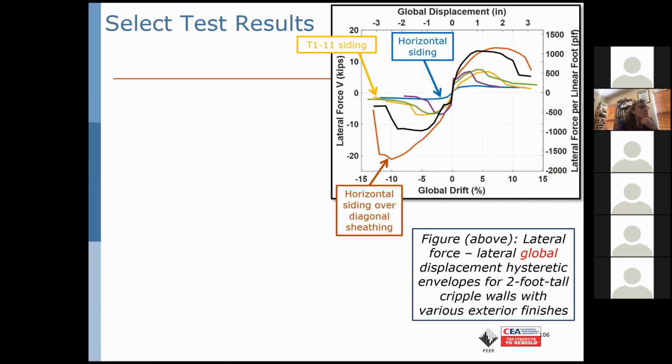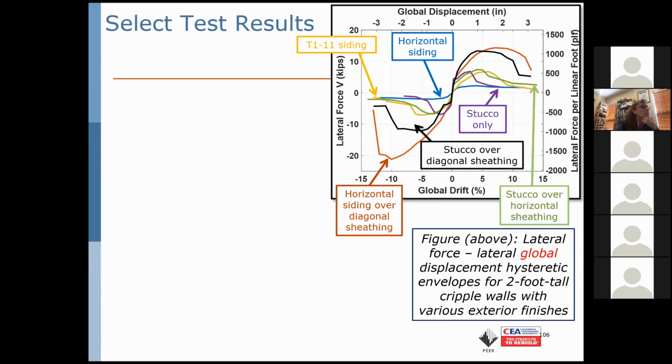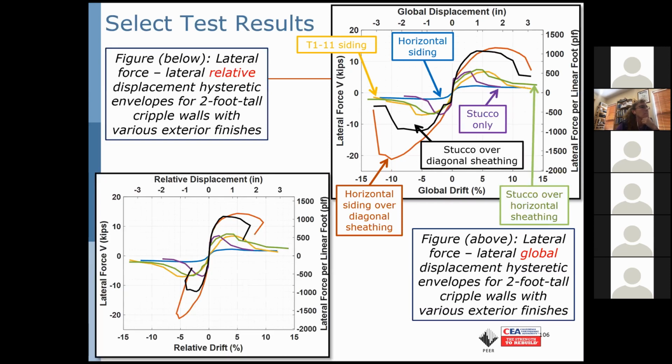Some additional results here, comparing a variety of finishes. One thing to mention is that this pair of plots on the left and the right respectively articulate the envelopes in terms of lateral force and drift, comparing relative drift and global drift.